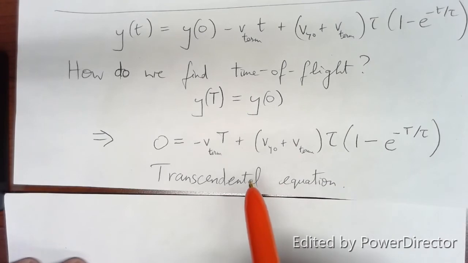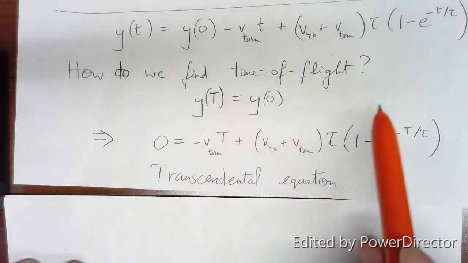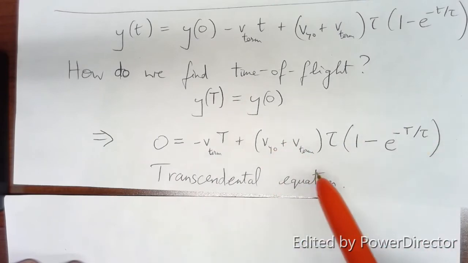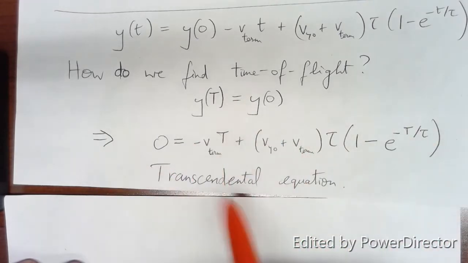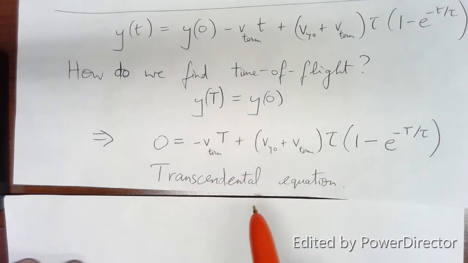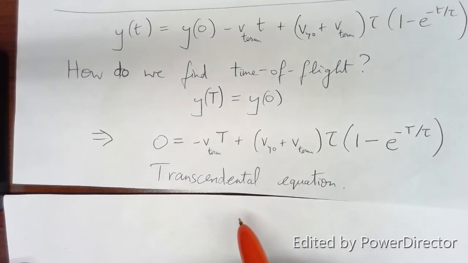Well, we could solve it graphically by plotting a linear function versus this exponential function and seeing at what point they satisfy this equation, which would be depicted by an intersection of graphs. We could solve it computationally. And indeed, these days that is fairly easy to do.